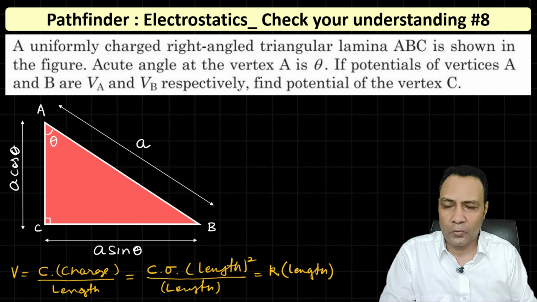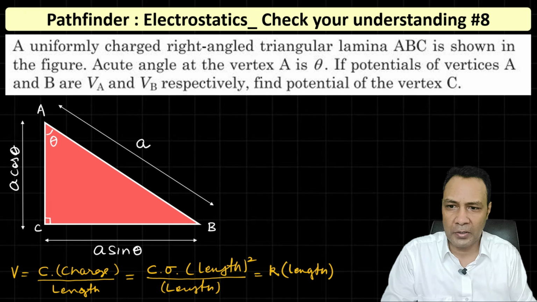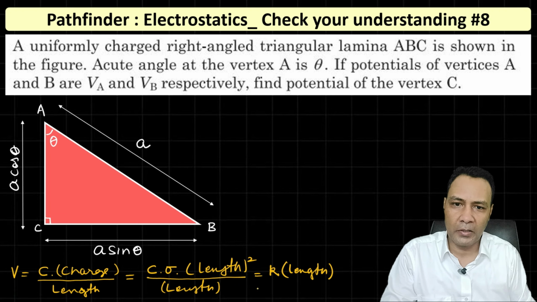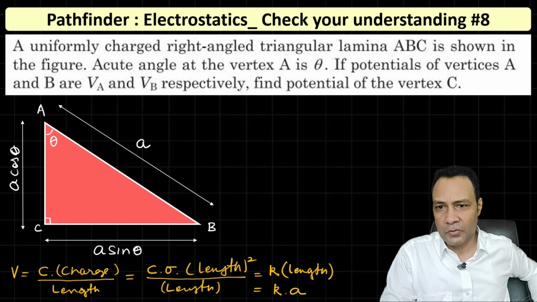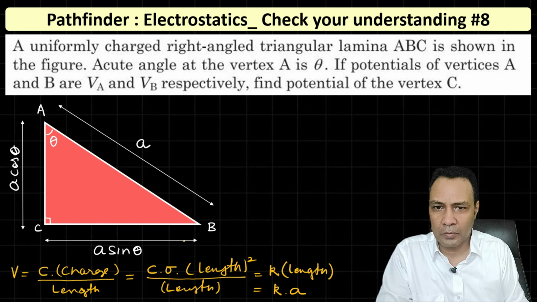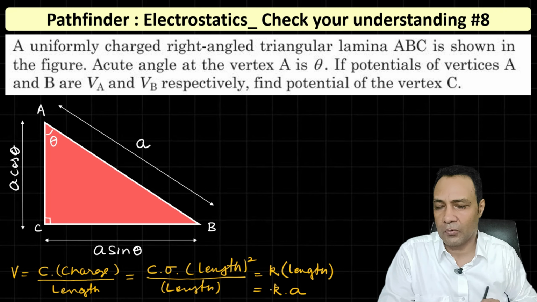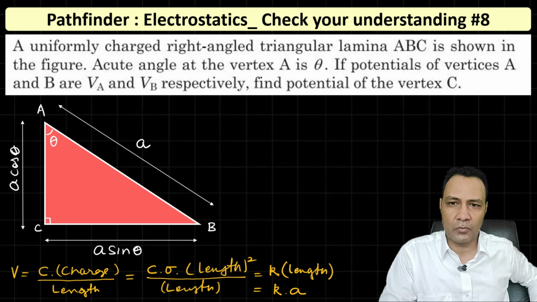If I want to write potential at A, this K would be different, and for the length I am taking A, because you can take this length also, but no problem, that sine theta will be absorbed in this constant, or if you take this length, then cos theta will be absorbed in this constant, because obviously theta is constant.